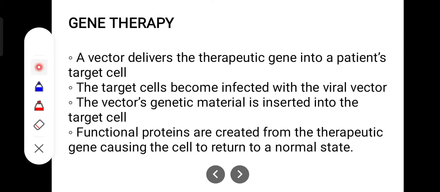So, this one is again for gene therapy. A vector delivers the therapeutic gene into a patient's target cell. The target cell becomes infected with the viral vector. The vector's genetic material is inserted into the target cell. Functional proteins are created from the therapeutic gene, causing the cell to return to a normal state. So that one is gene therapy.